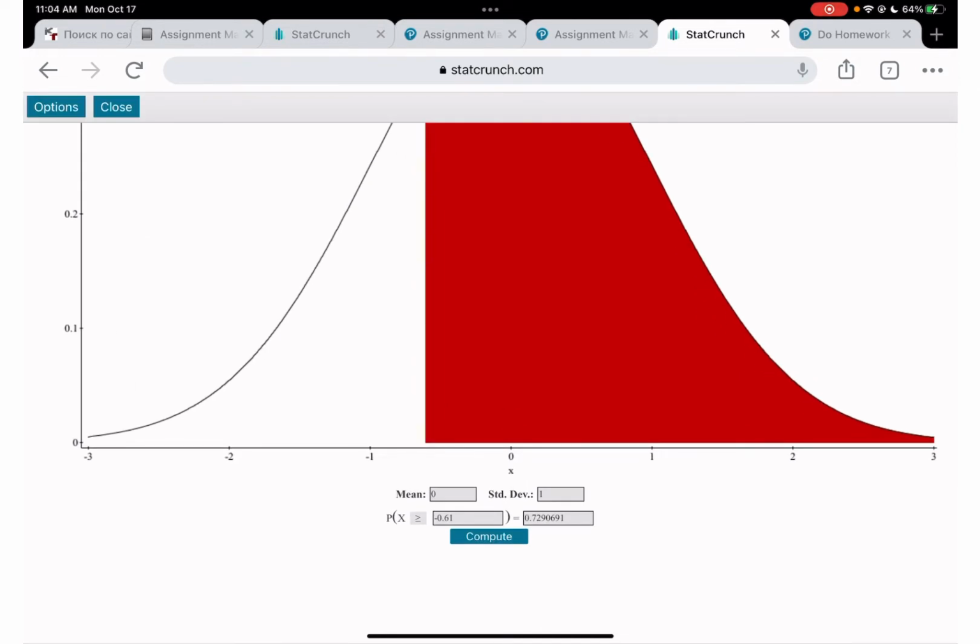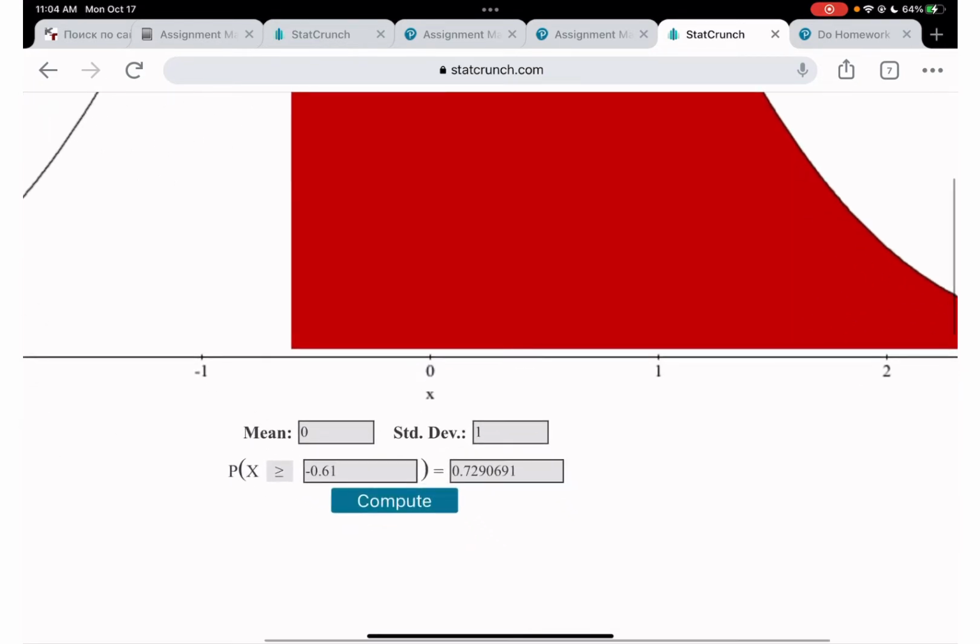That's where it splits. To the left are negative z-scores, and to the right is positive. Since z-score is negative, it starts less than 0, from negative 0.61 and to the right.